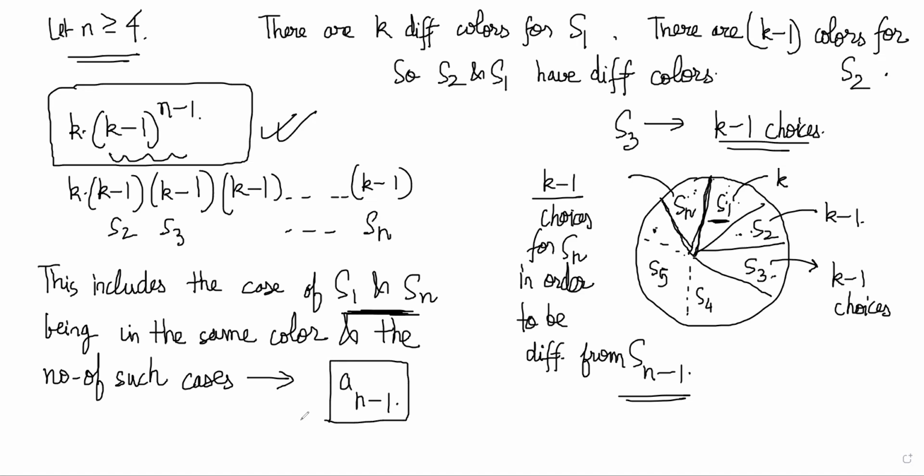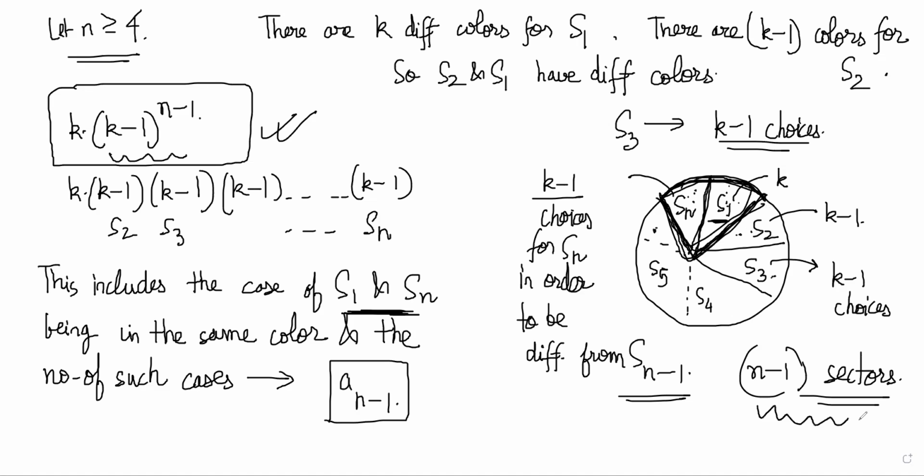Why am I saying that? So suppose you have to color it in such a way that S1 and Sn have the same color. What you can do is you can join them together and consider it as one big sector, right? This is one big sector, and totally now you have only n minus 1 sectors available. Not the n sectors, but since Sn and S1 have the same color, they are one sector. So the total sectors is n minus 1.